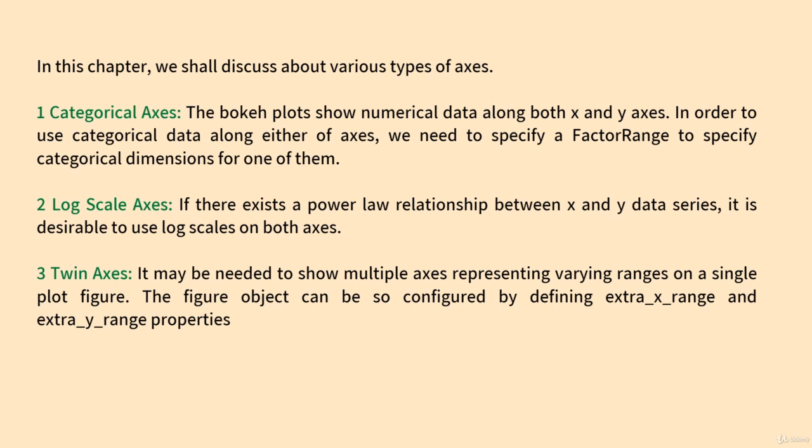Log scale axis. Log scale axes are used if there is a power law relationship between x and y. So there are two x and y data series, and if there is a power law relationship between them, then this type of axis should be used ideally.